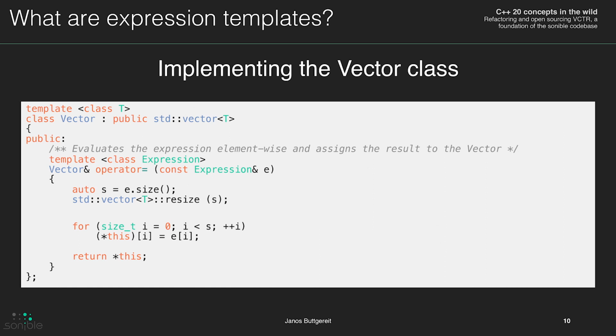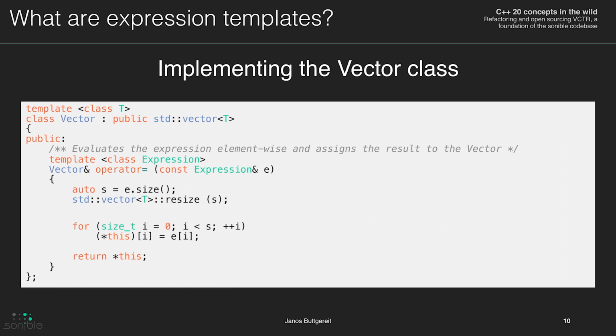I added this assignment operator, which takes the expression as a class template, then resizes the destination vector in case this is needed, and then loops over all elements and assigns it to this vector. Great. We get the sum, and no additional intermediate vectors were created since the expression is directly evaluated into the destination memory.